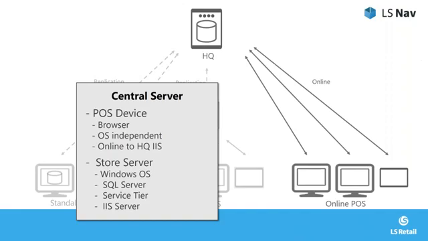And then, of course, we have the third architecture with a central server. And my belief is this is the future. Don't ask me what year, but this is going to be the future in the coming years. Even some retailers today want to have no software in the store. We can offer that.